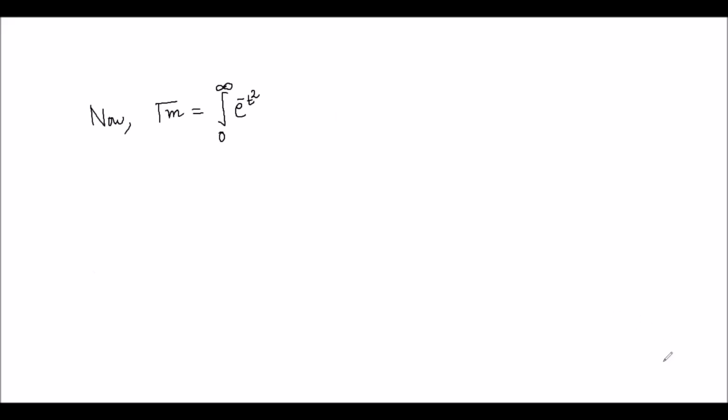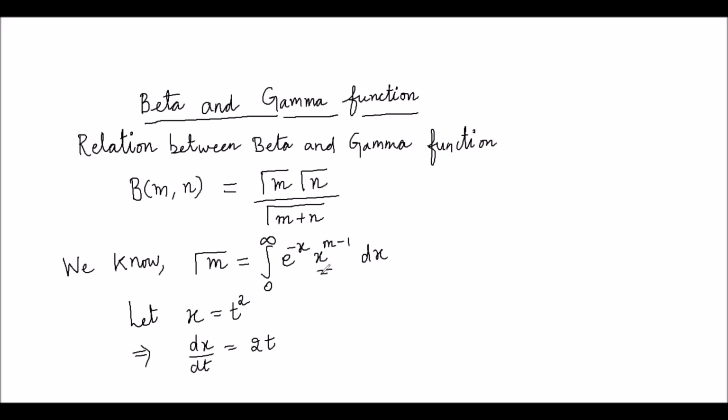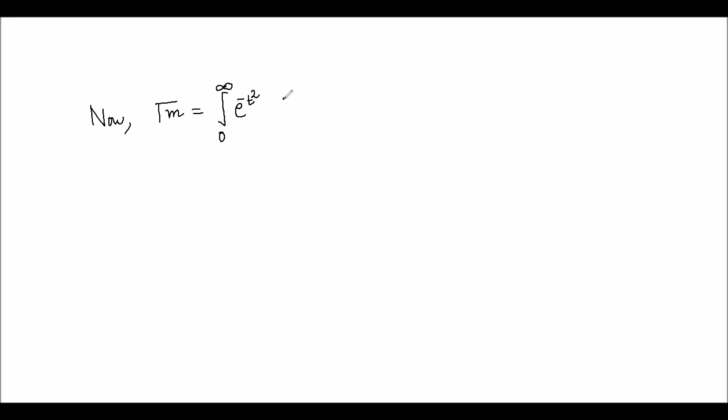X raised to power m minus 1, this term, it will become t raised to power 2m minus 2, and this dx is 2t dt.